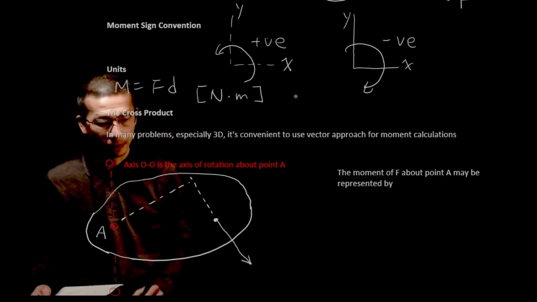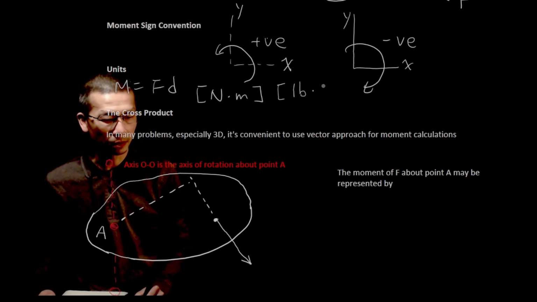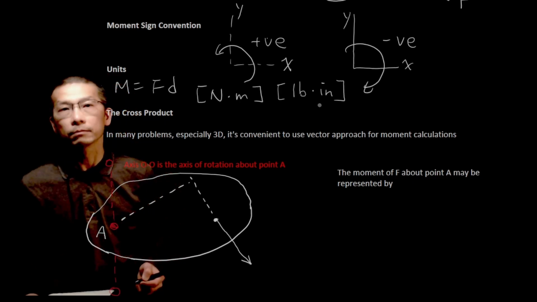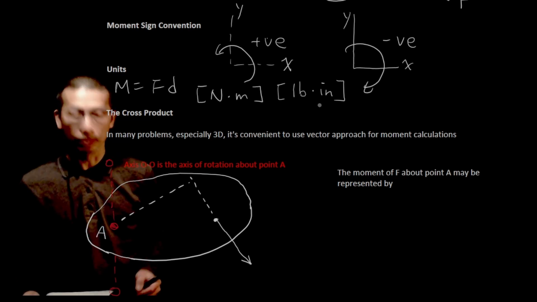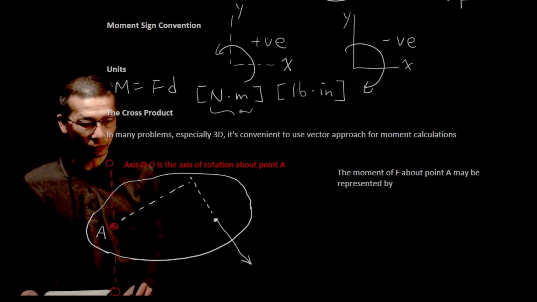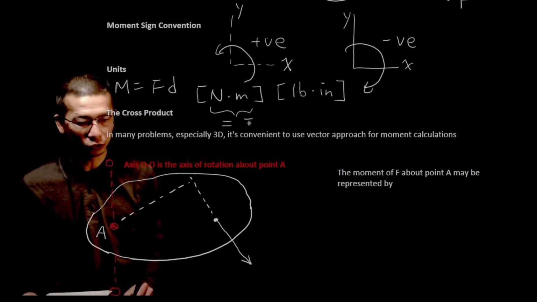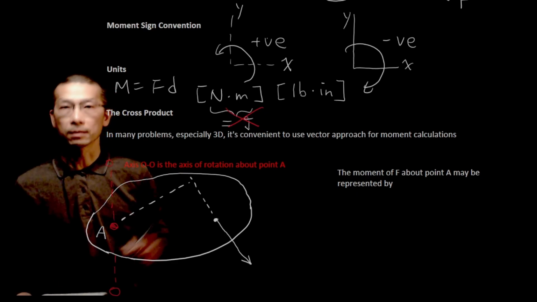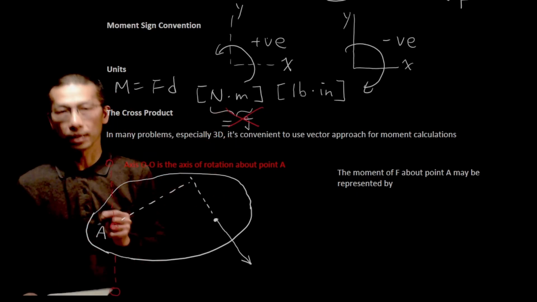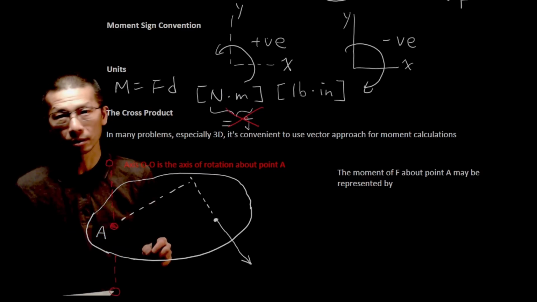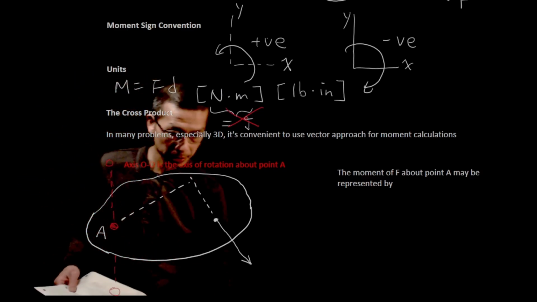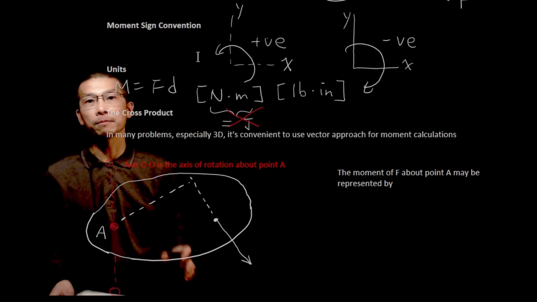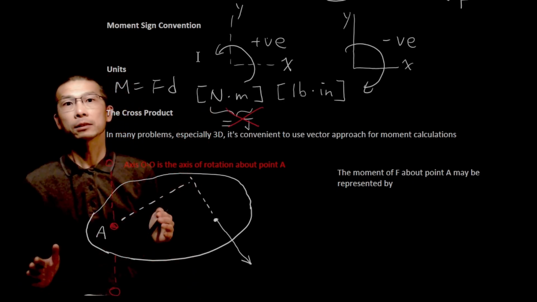It can be inch pound, pound inch, or pound feet, depending. Now do not say this is equal to joules. We don't do that here, because this indicates we are working with moment, not energy. Big difference, even though they have the same Newton times meter unit.